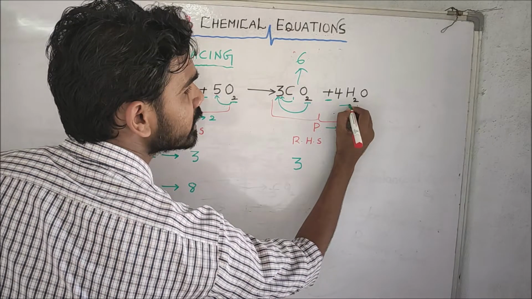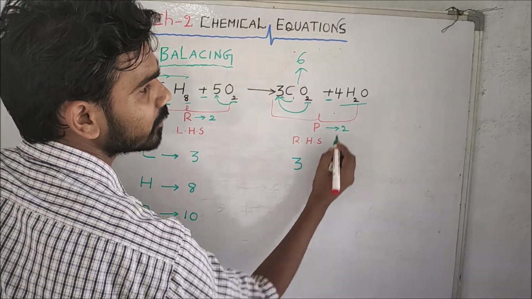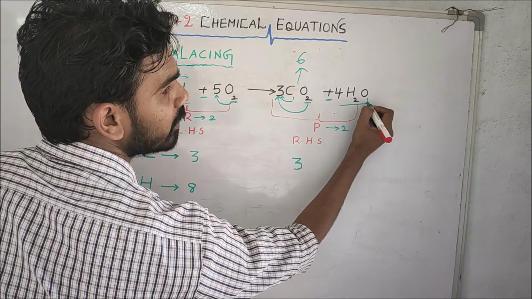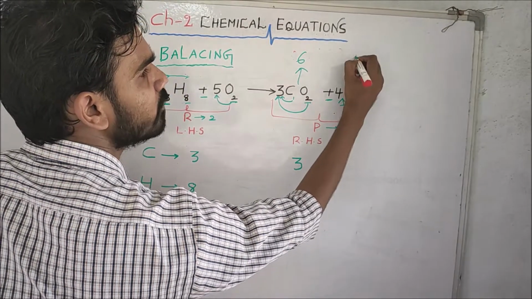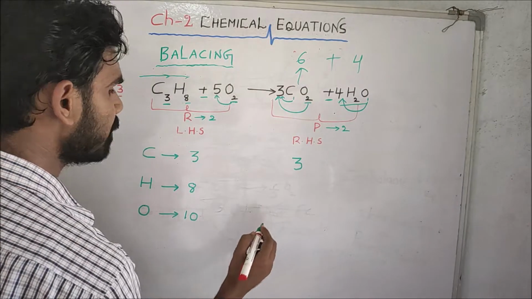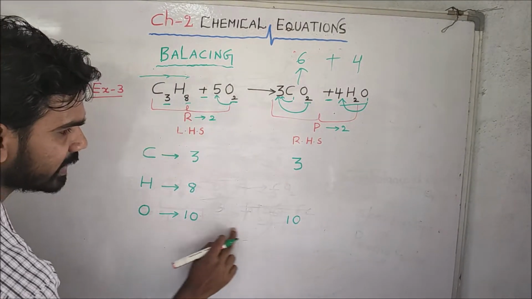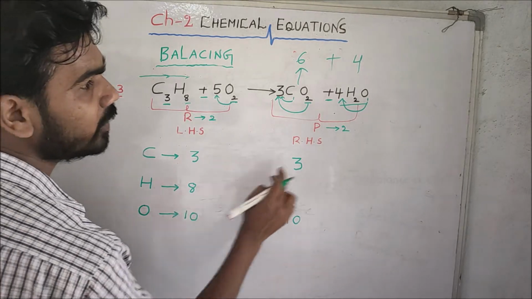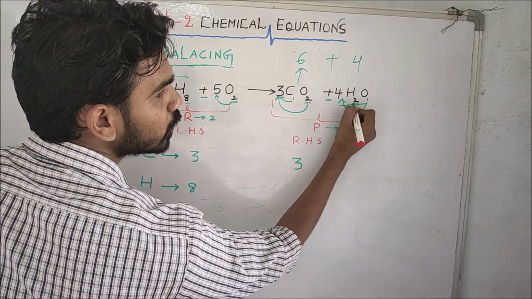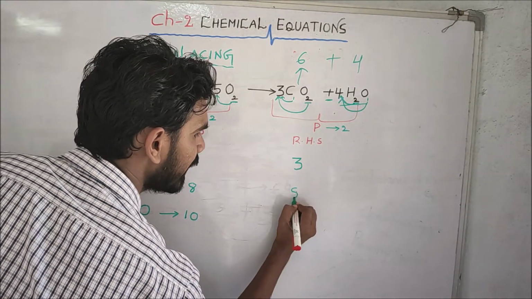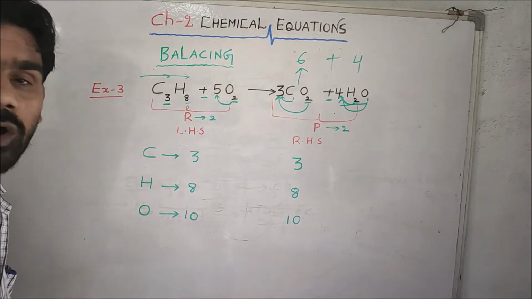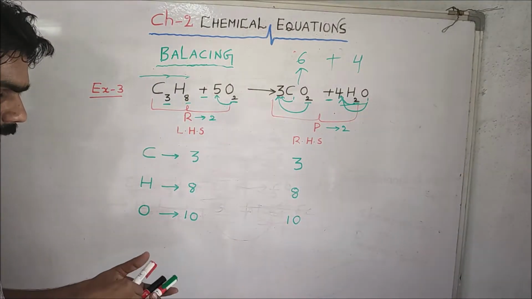But here also oxygens are there, 1, but the front number is there. Multiply. 1 4s are 4. Total number of oxygens, 10 are there. Now hydrogens 2, 2 into 4, 8. So hope you are understanding what I am saying.